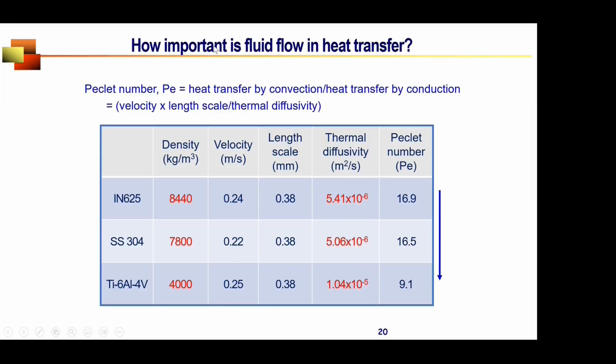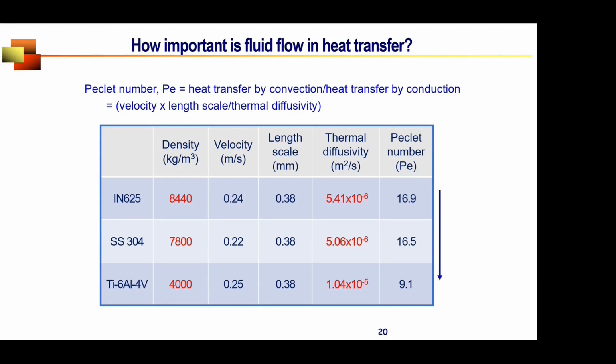Now, how important is fluid flow? It depends on the ratio of heat transfer by convection divided by heat transfer by conduction. If this ratio is small, then I think we can use a very elegant, very rapid calculation of heat conduction equation.